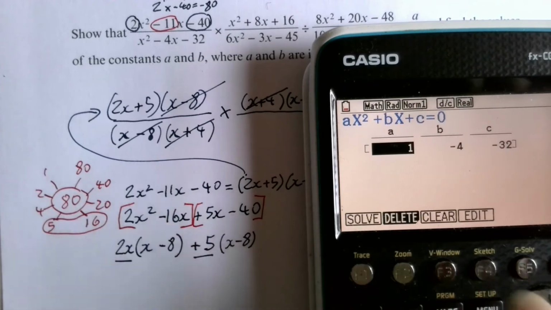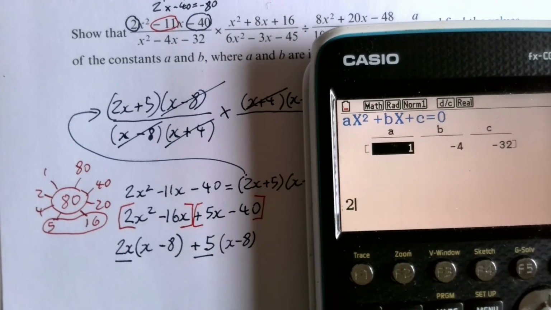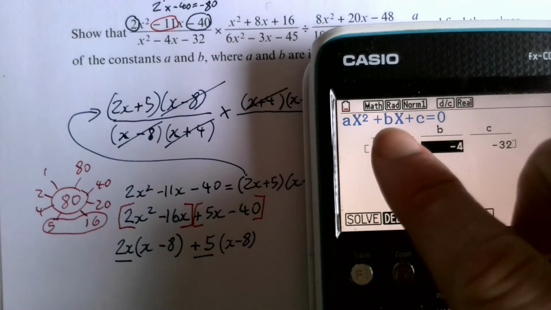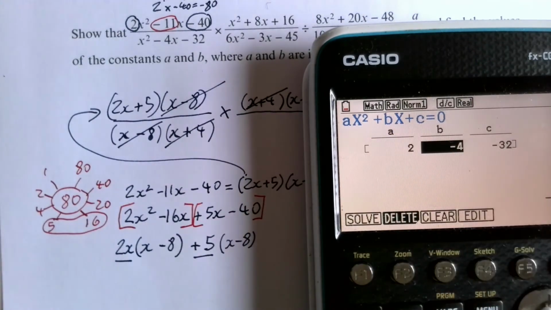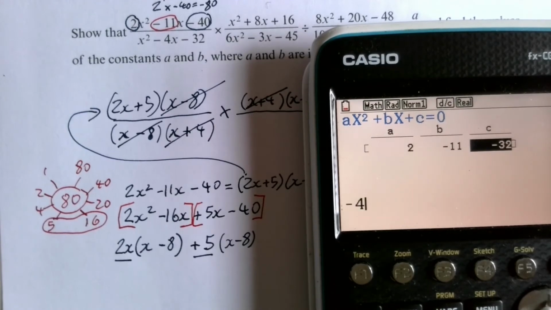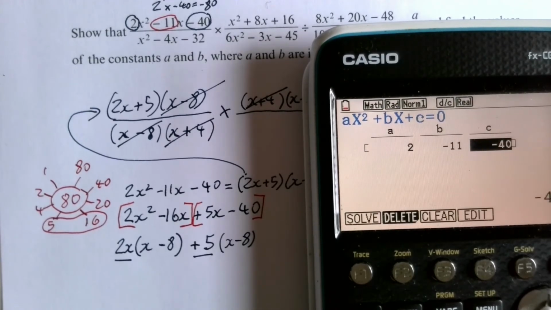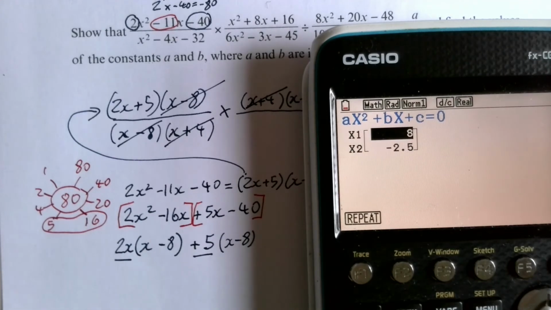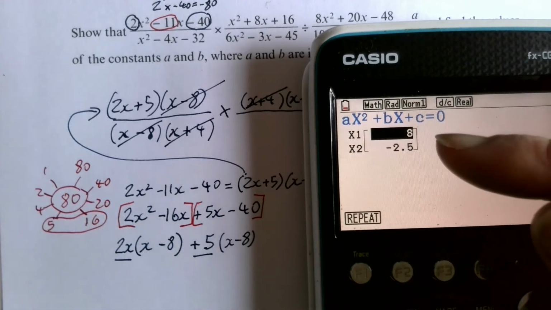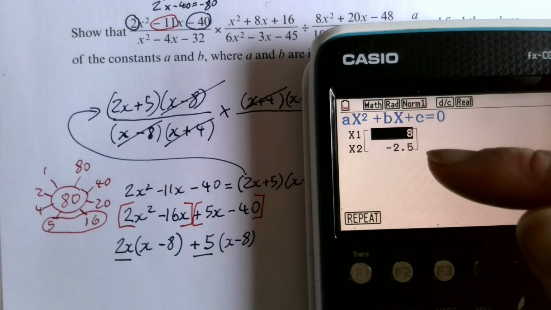So right, we've got 2 for our a, our number of x's is negative 11, and our constant is negative 40. Press again on that, and we get x is 8 and x is negative 2.5.